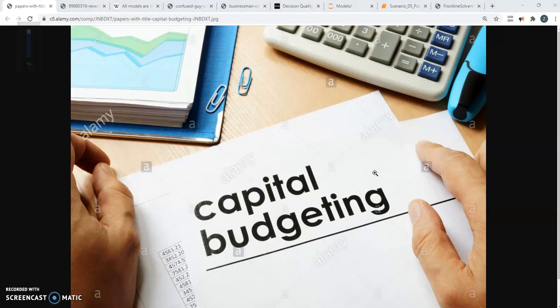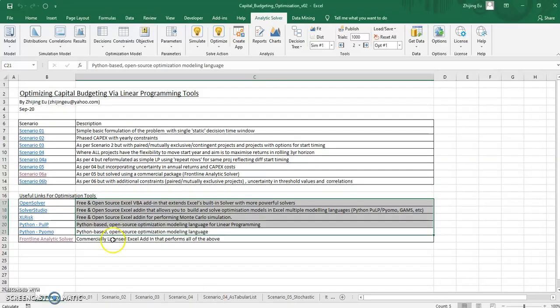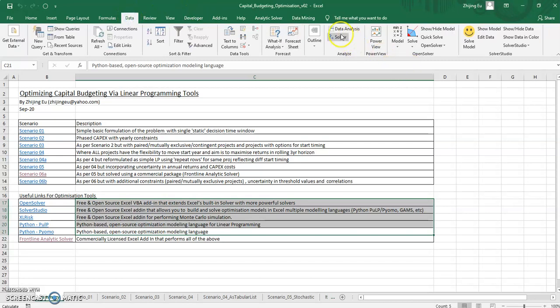As far as the tools go, I'm hoping that I've given you a comprehensive overview of all the different toolkits that are available within Excel and also programming solutions that are available. There are, of course, more out there.